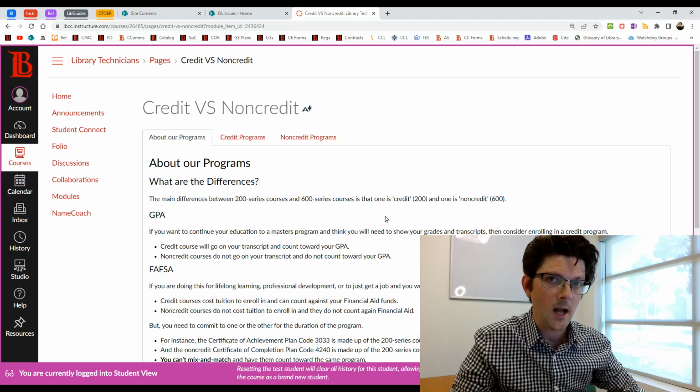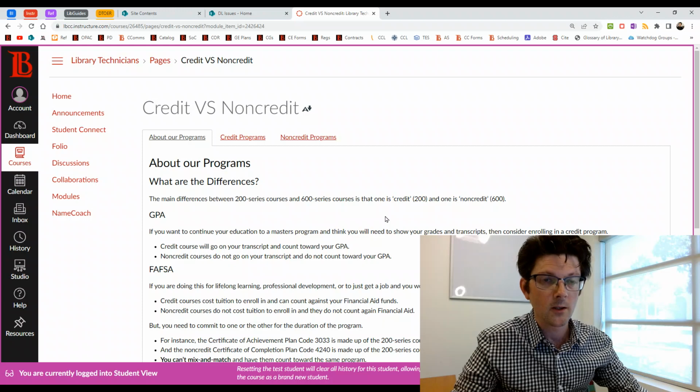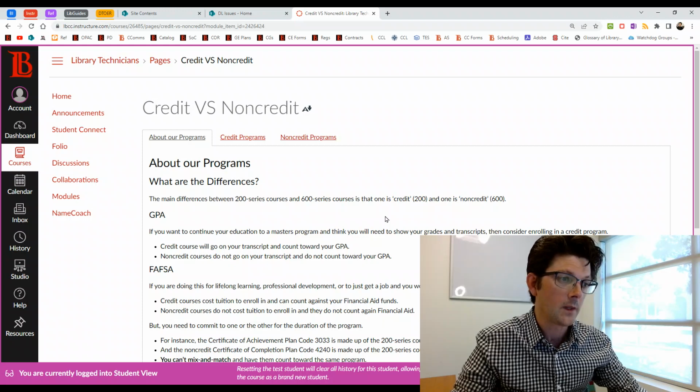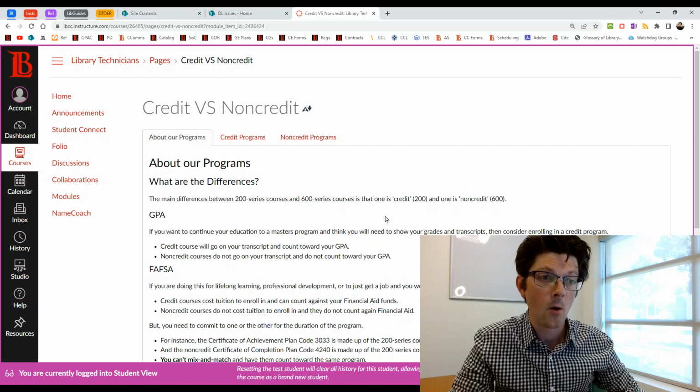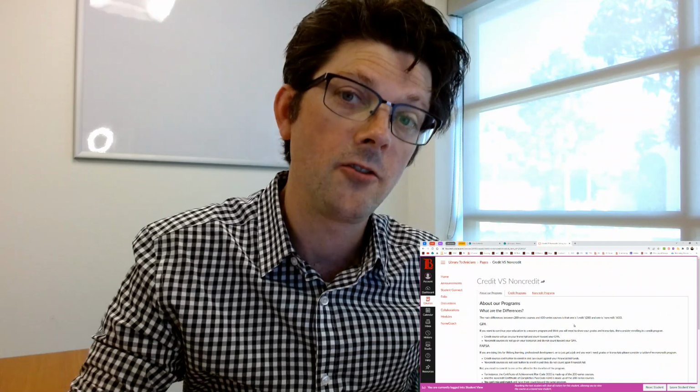Non-credit is kind of the opposite. If you're doing this for lifelong learning, or if you feel that you're doing this for professional development, definitely look at the non-credits. One of the advantages of non-credit is that you don't pay tuition because you don't get a transcript that shows grades.